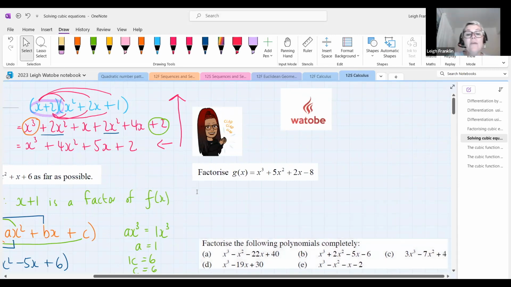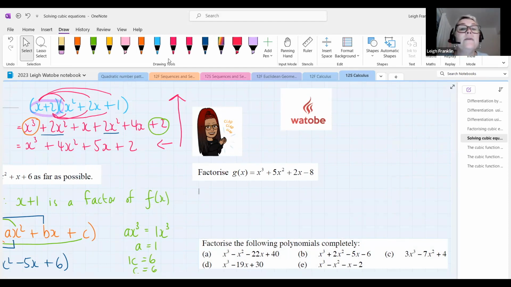Okay, have a look at g of x. So try this, and then I will try one with you using synthetic division. Okay, so give that a try. There are plenty more on the screen below as well. There's a couple there that I want to show you too, but try g of x.